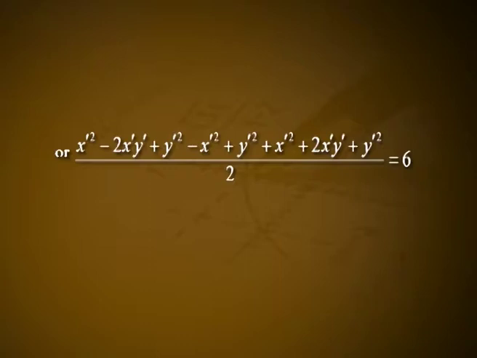Or x'² − 2x'y' + y'² − x'² + y'² + x'² + 2x'y' + y'² all over 2 is equal to 6. Or x'²/12 + y'²/4 = 1, which is the equation of the ellipse.